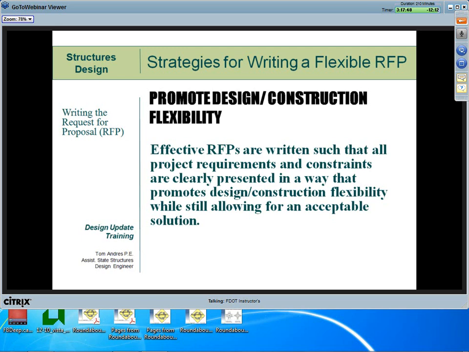Because authors of RFPs are typically designers first and contract writers second, sharing these best practices through some actual examples, I hope, will be useful to the audience, and will help you see how these best practices could be implemented.